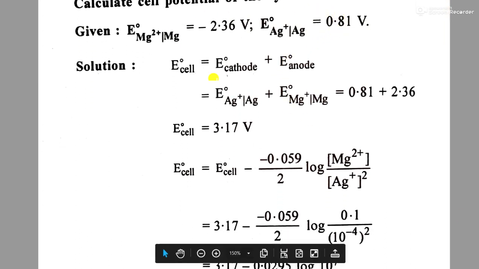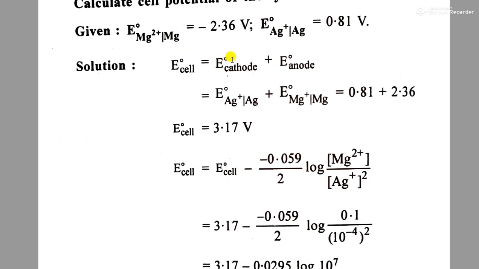So in this portion, E0 of the cell is E0 of cathode minus E0 of anode. So here there is a positive sign because the negative of negative will become positive. So this is the anode part.